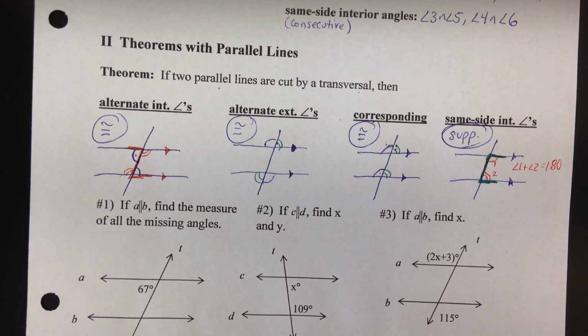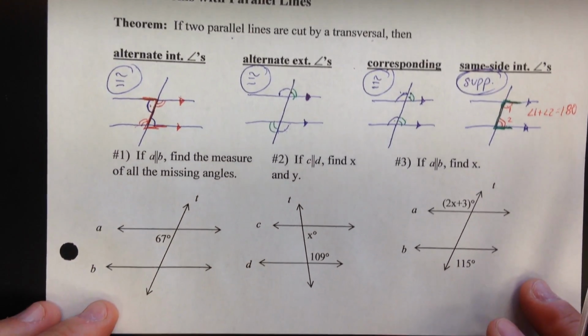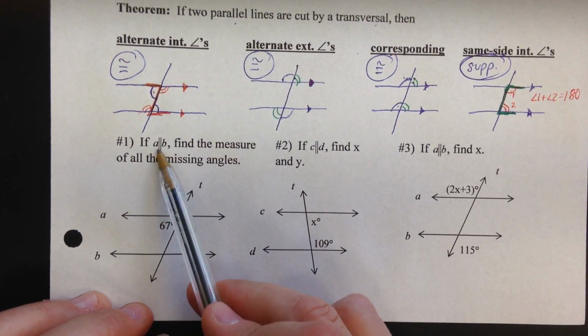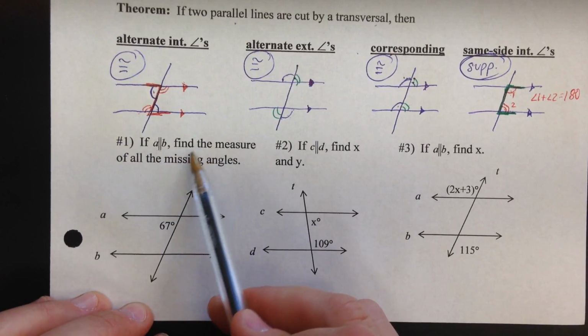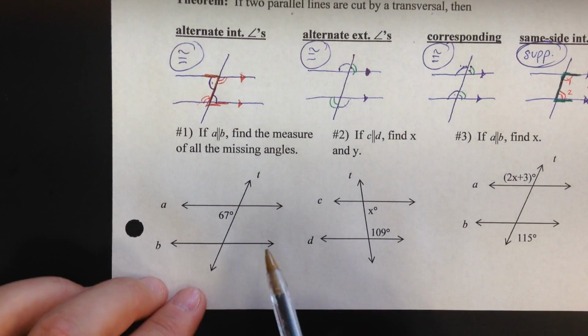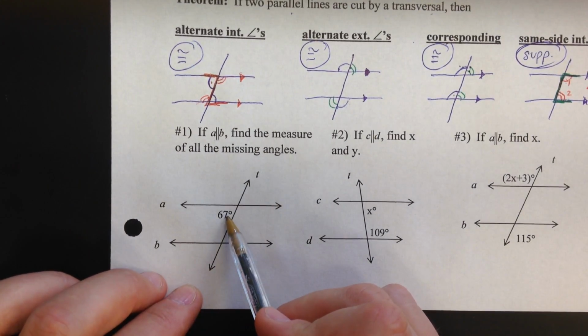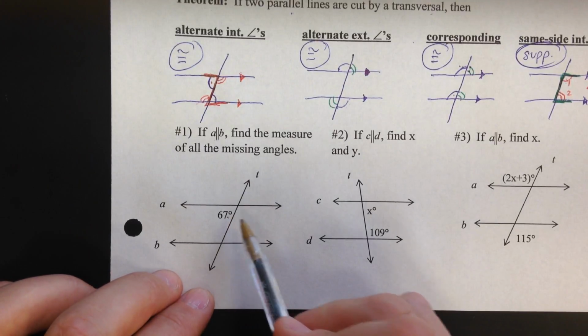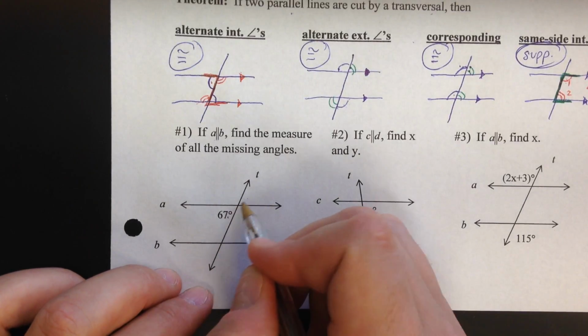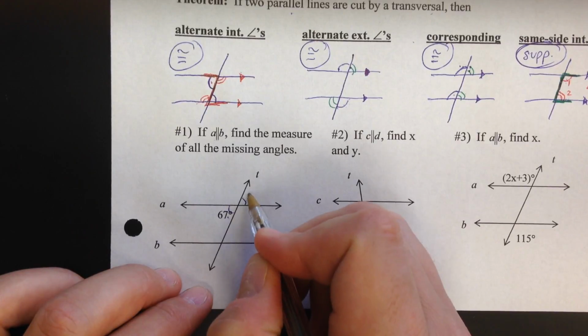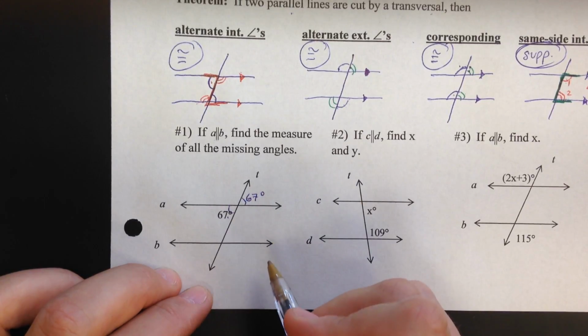So let's look at a couple examples here at the bottom. Number one, if A is parallel to B, find the measure of the missing angles. So they tell us that this is 67 degrees here. First of all, I know that vertical angles are always congruent. So this is 67.